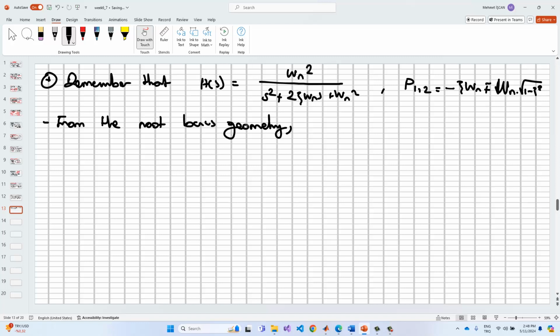pole, the imaginary part Wd and the real part, okay? And so how can we do that? For these calculations, first of all, we need to draw the root locus. You can easily write or draw this in MATLAB, but in the by-hand calculation we need to write that just like this one, okay?